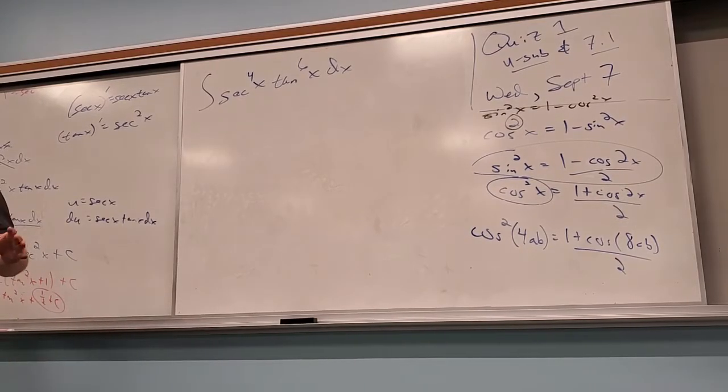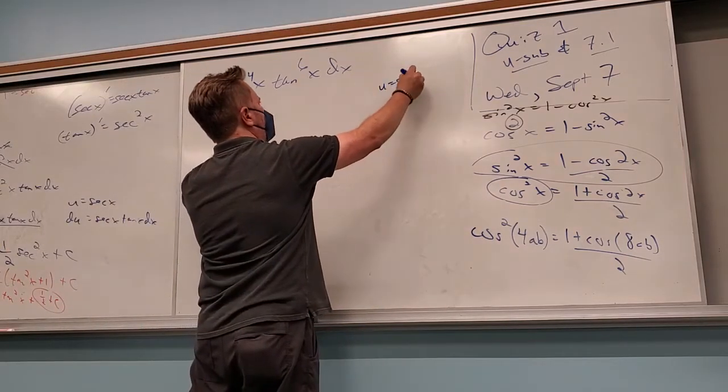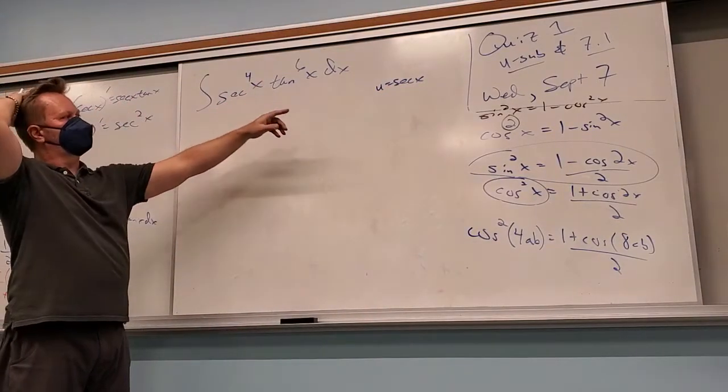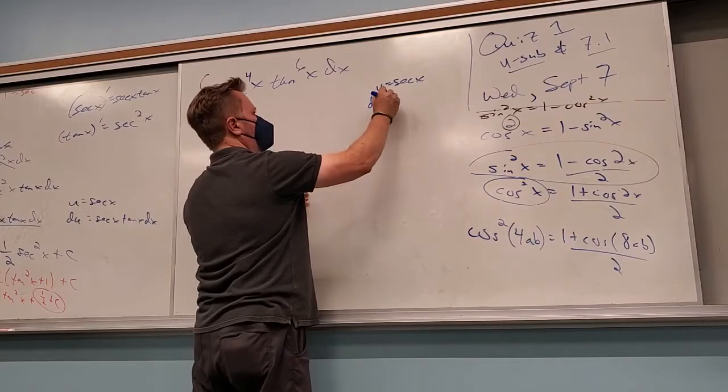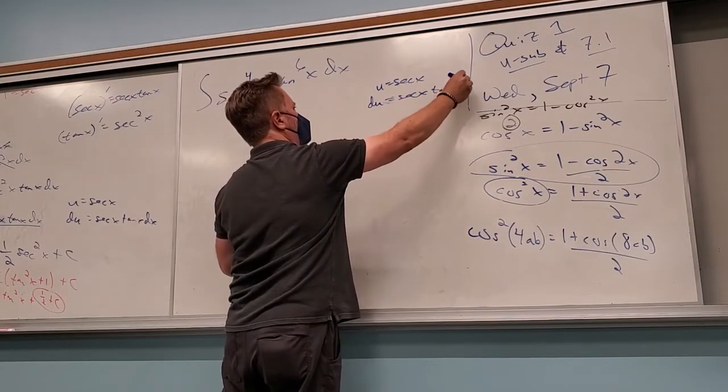I can either let U be secant, or I can let U be tangent, correct? If I let U equal secant, then du is going to be secant tangent, correct?